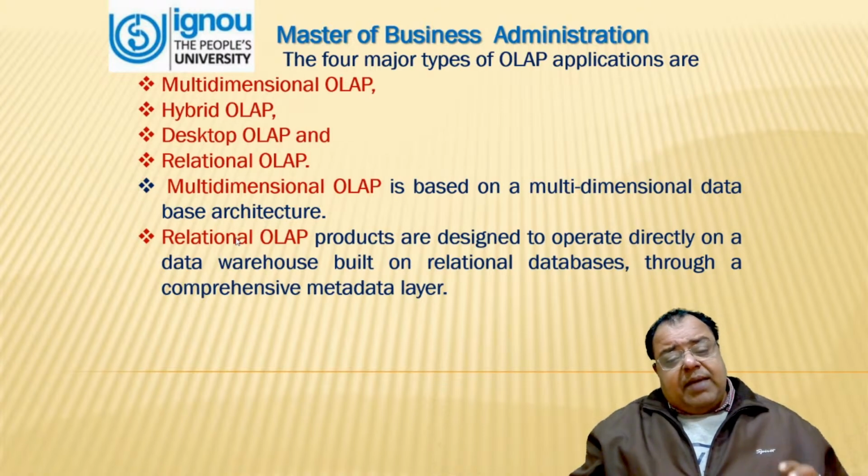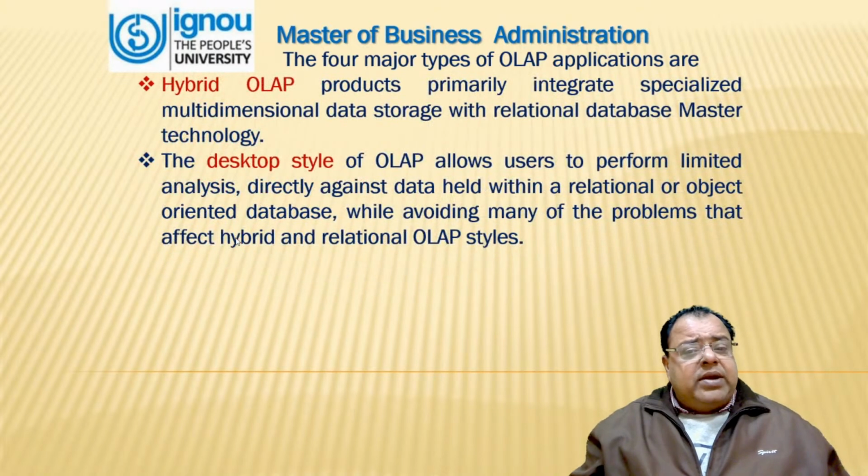Relational OLAP products are designed to operate directly on a data warehouse built on relational databases through a comprehensive metadata layer. Hybrid OLAP products primarily integrate specialized multidimensional data storage with relational database technology.